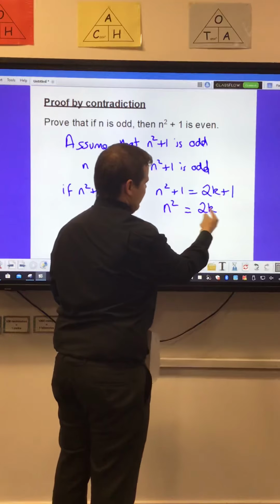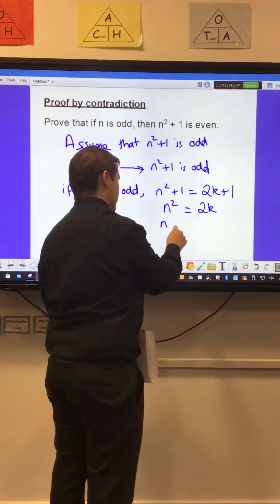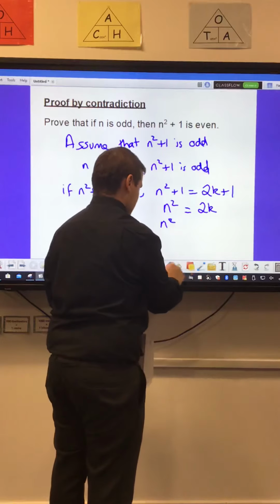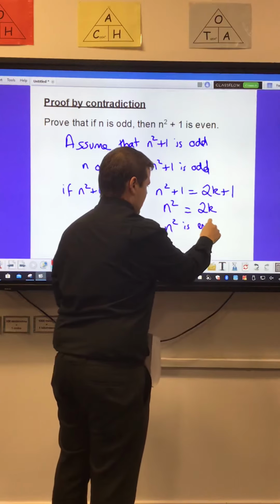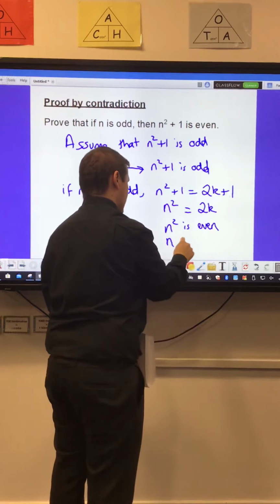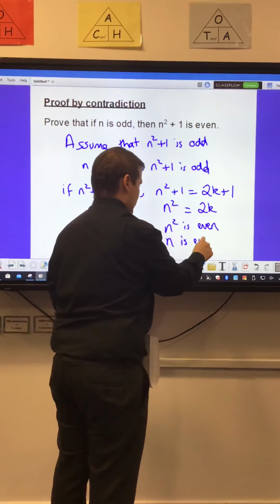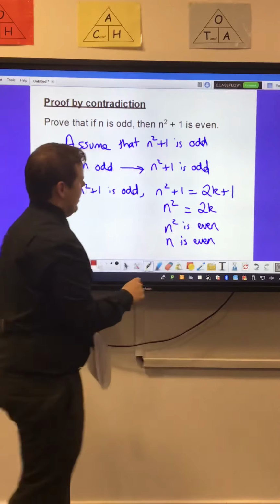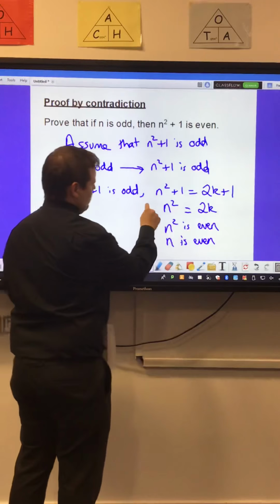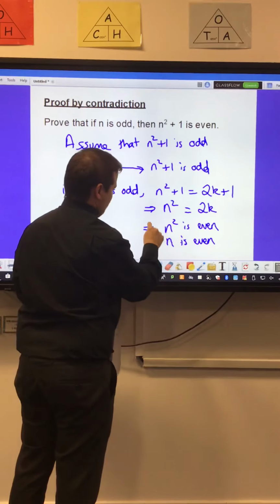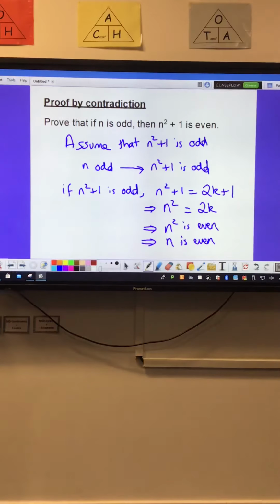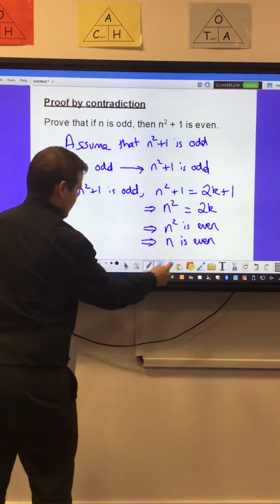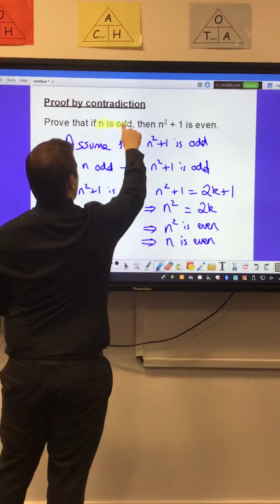Well, 2 times any number is even, so that must mean that n squared is even, which means that n is also even. I'm going to put in imply symbols here, hopefully I'm using them right. Okay, well, there's your contradiction, because we stated at the start that n was odd.